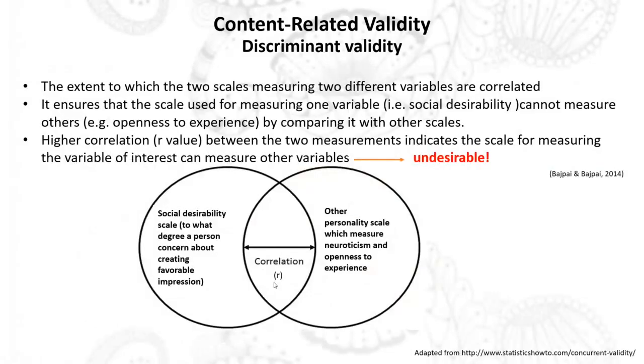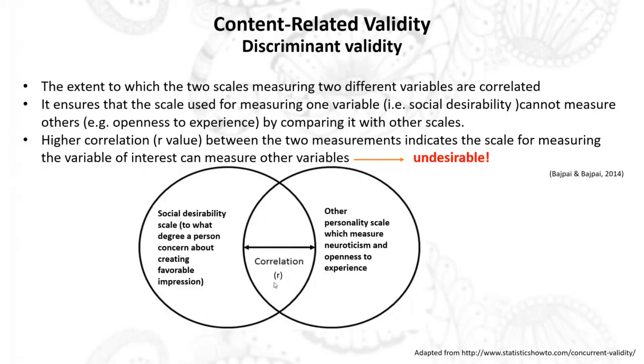If you want to demonstrate to others that my social desirability scale only measures social desirability, but not other personality traits, what do you expect about the R? High? Do you want a high R this time? No, of course not. A high R means the two sets of data are highly correlated. We don't want that. If you get a high R, that means your social desirability scale can also measure openness to experience. That means your scale is not specific to social desirability.